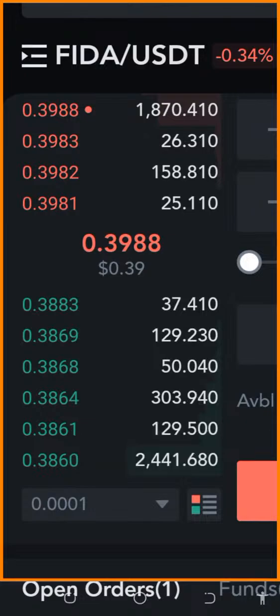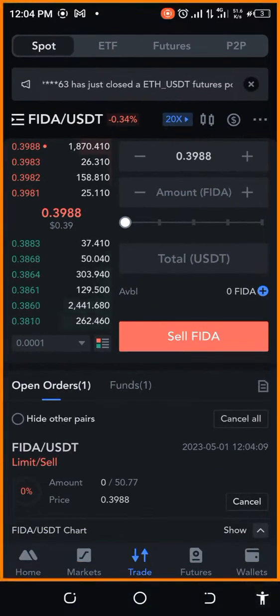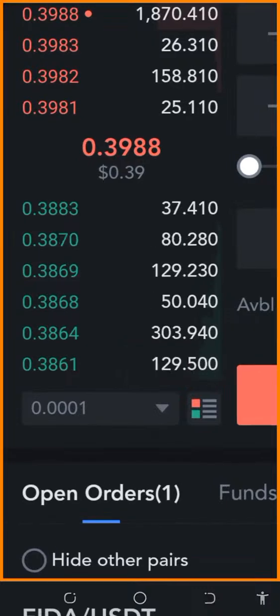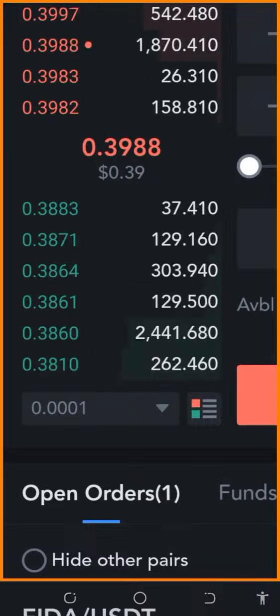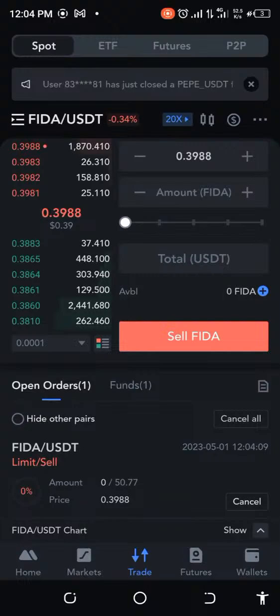Those are the ones that are going. Those are the ones that are flying, because I want to sell 50. Okay? So that's where the deal is. That might be the deal breaker. So as you can see here, we just have to wait for the price to get to that point.